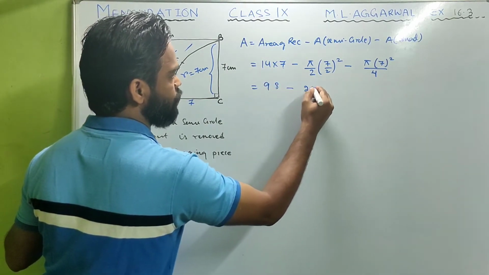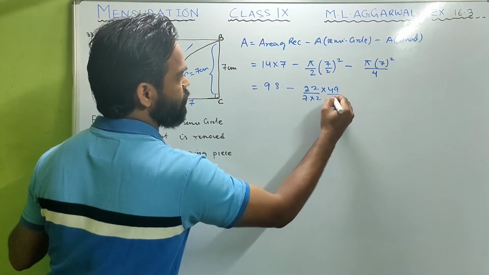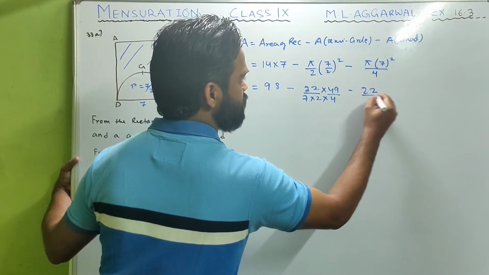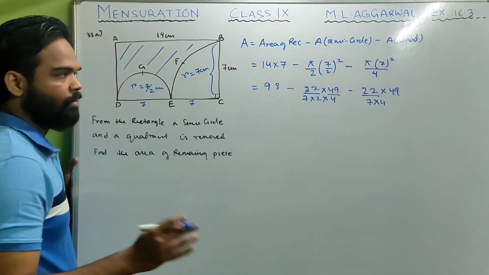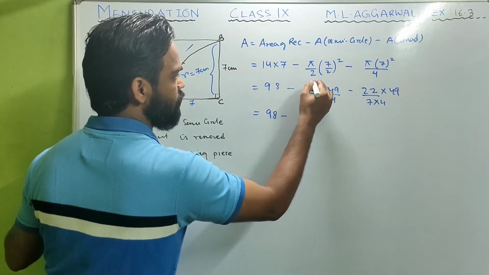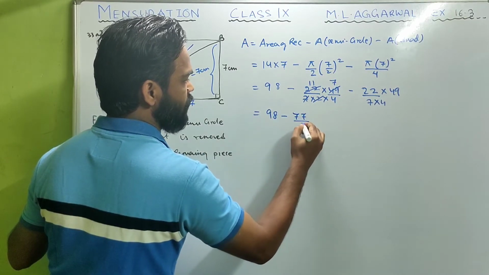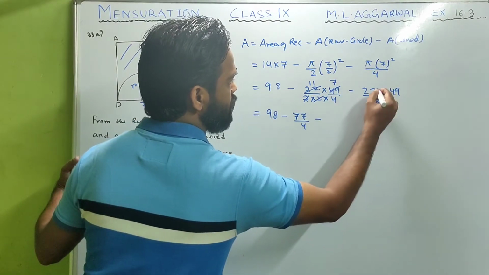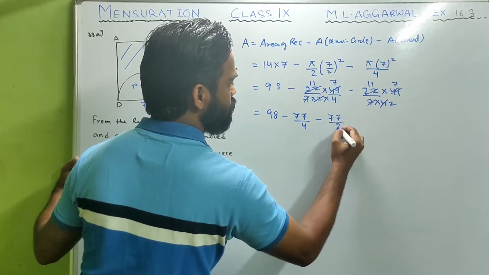This is 98 minus this is 22 by 7 multiplied by 2 multiplied by 49 by 4. Isn't it? And this is 22 by 7 multiplied by 4. This is 49. Am I correct? So that's 98 minus this is 11 times 7, so that's 77 by 4 minus this is 2 times 11 times 7, 7 sevens are, that's 77 by 2.